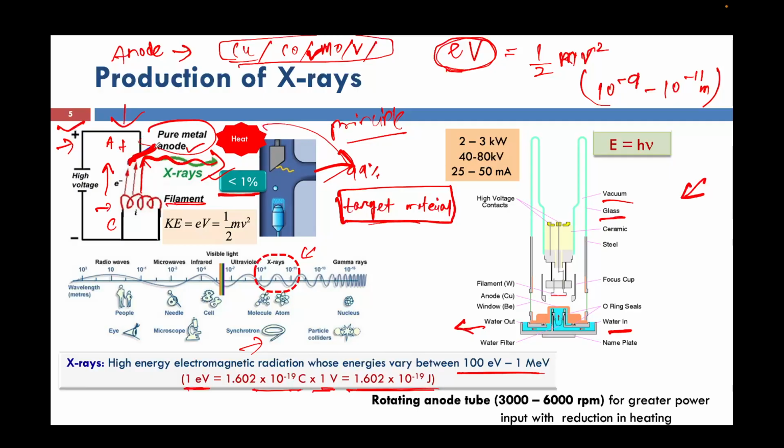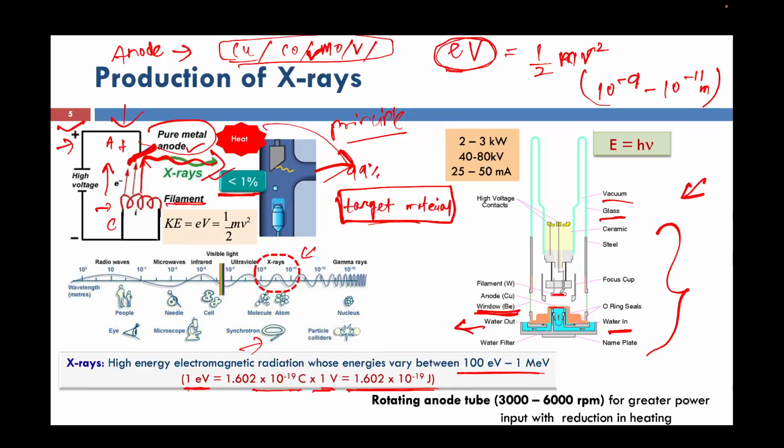The entire X-ray generation setup is kept in a vacuum. And here you can see there are different components present. One component you can see here is the window, that is called the beryllium window. This beryllium window is used because beryllium is transparent to X-ray. So here you can see the anode is here, the positive, and the cathode is here.